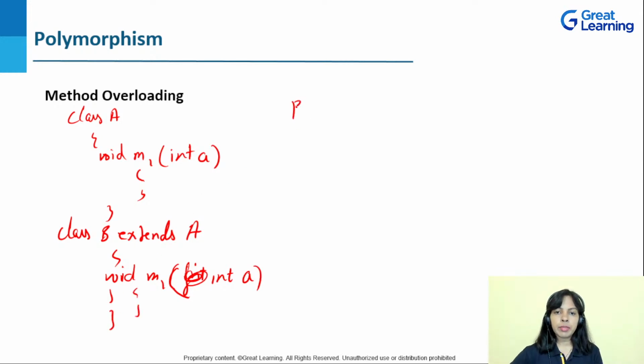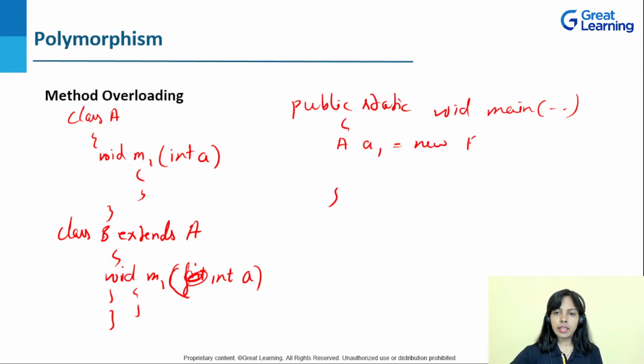Now under the public static void main method, if I create an object of class A, that is A1 = new A, and if I call A1.m1, which m1 method should be called? And I give an integer value here. It will call the class A method, that is this one.